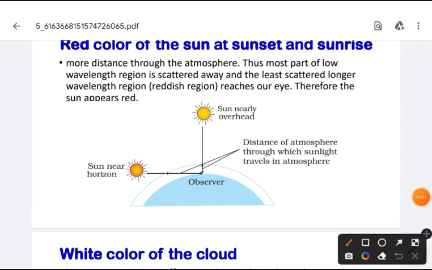The light travels more distance through the atmosphere, so most of the low wavelength region is scattered away and the least scattered longer wavelength region reaches our eyes.